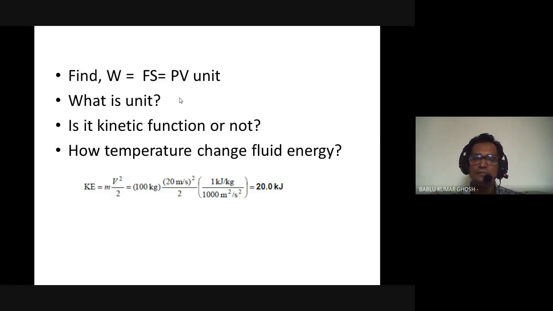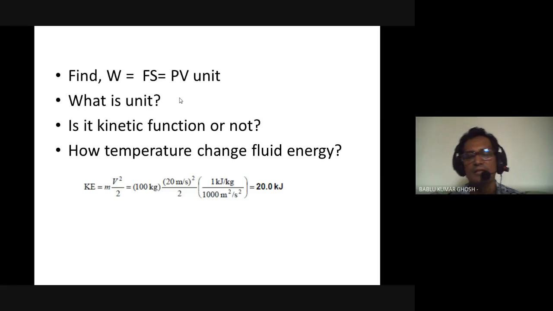So say this is kinetic energy, mv square by 2. Actually, we write average energy as mv square by 2, kinetic energy. So if any system has a mass of 100 kg and its velocity is, say, 20 meters per second, it should definitely be 20 kilojoule.